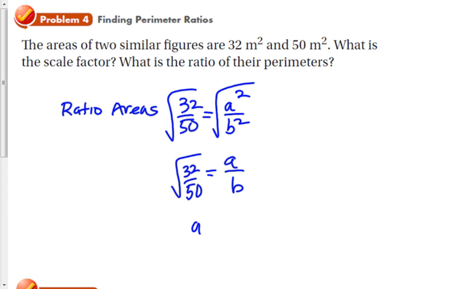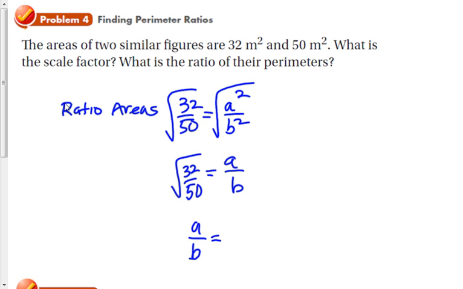So a over b is equal to the square root of 32 over 50, and using my property of square roots, that quotient can be split up and done separately. Or else I could just simplify the fraction 32 over 50 first. Maybe we'll do that.